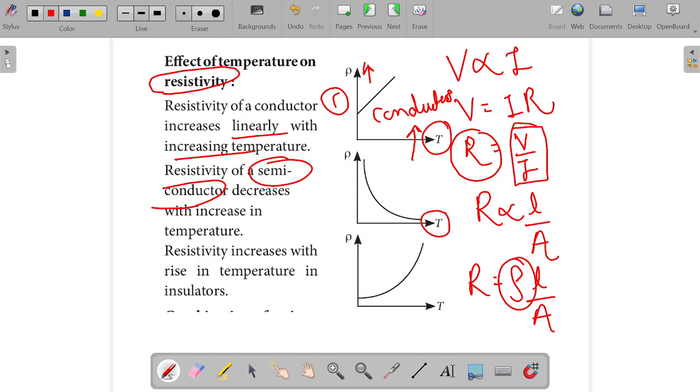If the temperature increases, the resistivity keeps decreasing, because the number of charges flowing through the semiconducting material becomes more. For insulating materials, the behavior with temperature is of this nature: as temperature increases, the resistivity also increases.